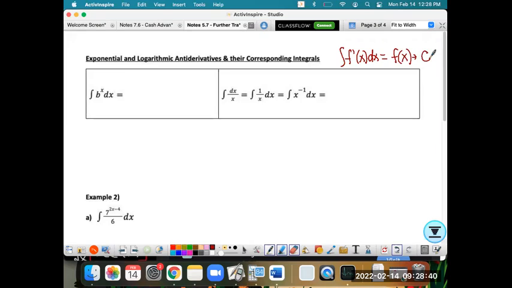So I am going to just remind us about the derivative of the general exponential. When we take the derivative of the general exponential, what do we get out? In this case, it would be b to the x times ln of b, ln of that base. So just like I have written in that top right corner, if I integrate that derivative, the integral and the d dx essentially cancel each other out.